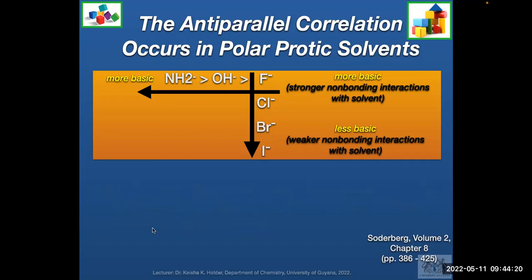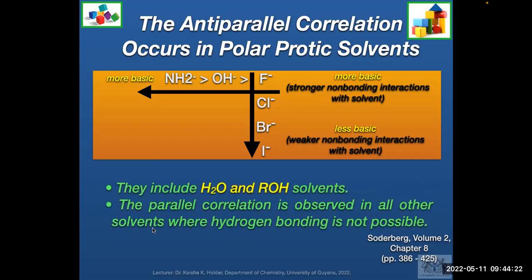Okay, so then to give more attention to what these solvents look like, we already said they include water and alcohol. So essentially, I said the water already, but your other polar protic solvents would be your ROH solvents. Any alcohol solvent would be a polar protic solvent.